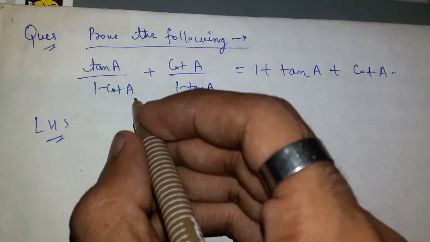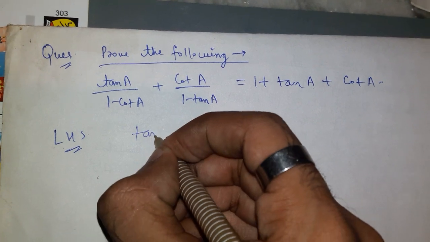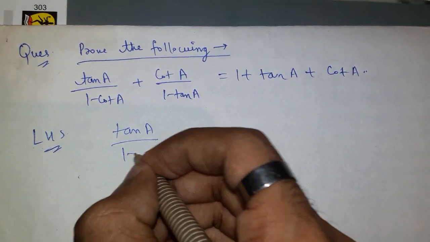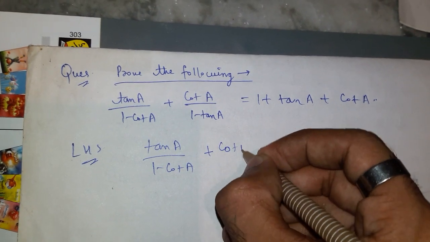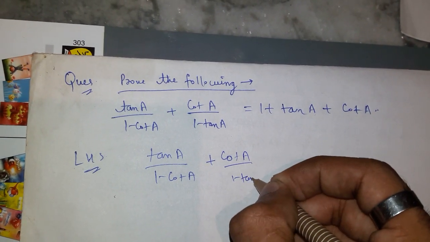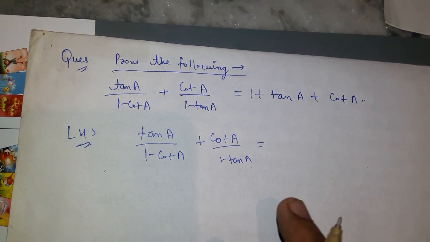In the LHS we have tan A upon 1 minus cot A plus cot A upon 1 minus tan A. So how are we going to solve this question?